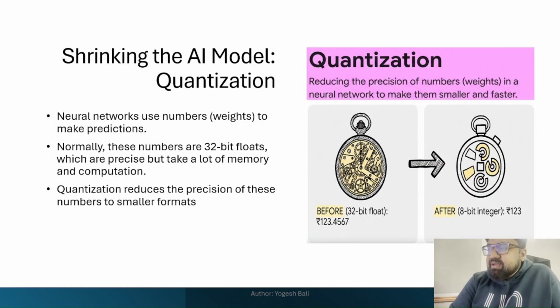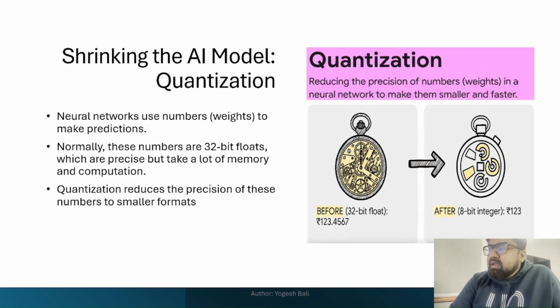Say in this image, if my weight is 123.4567, this value, if I need to store in memory, I need to define it in a 32-bit float, which will take more memory. Instead, I can round it off to integer only, an 8-bit integer, that is 123. So this way I need less memory.